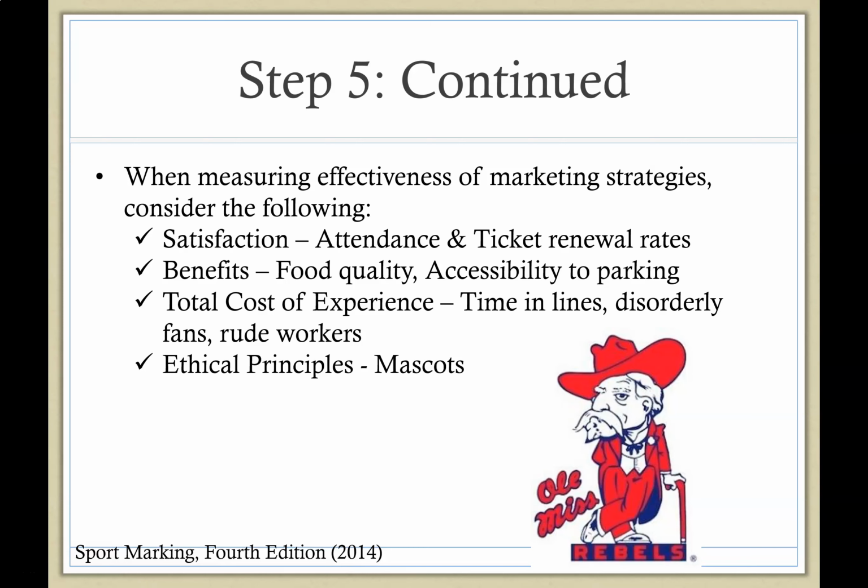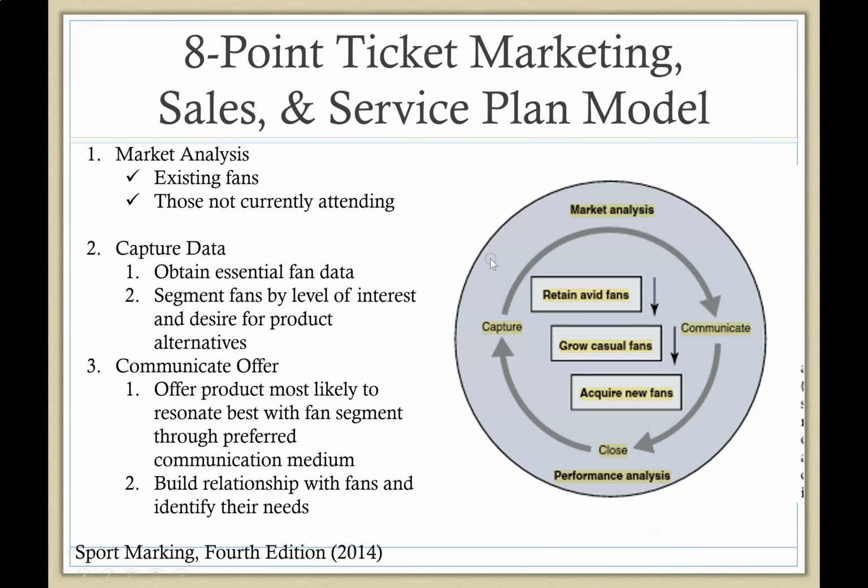Obviously, this is a huge deal. That's why the Ole Miss Rebels are on here. This is the whole environment we're living in now. We have to evaluate all of this kind of stuff. And so it leads to a model of being able to make this happen, where we look at and analyze our market. We capture our data.